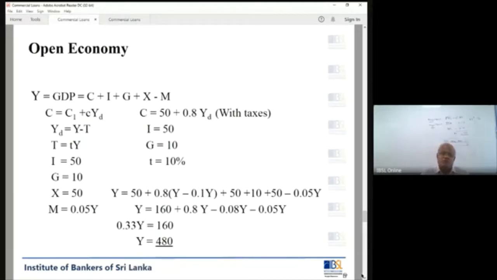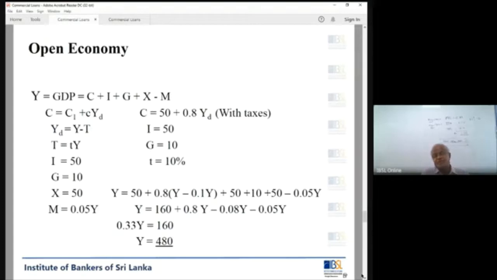Substitute. C equals 50 plus 0.8 YD. What is YD? Y minus 0.1Y. Tax rate is 10%, so T equals tY, 0.1Y. Understand that calculation?